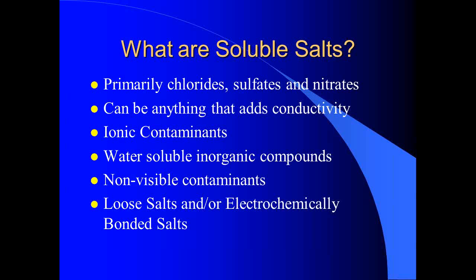It forms an electrochemical bond. And when we go in to remove the chloride ion off of steel, we've got to break that bond. The longer that salt's been on there, the more tightly bonded it is. So we have salts that have been electrochemically bonded and loose salts that are lying on the surface.